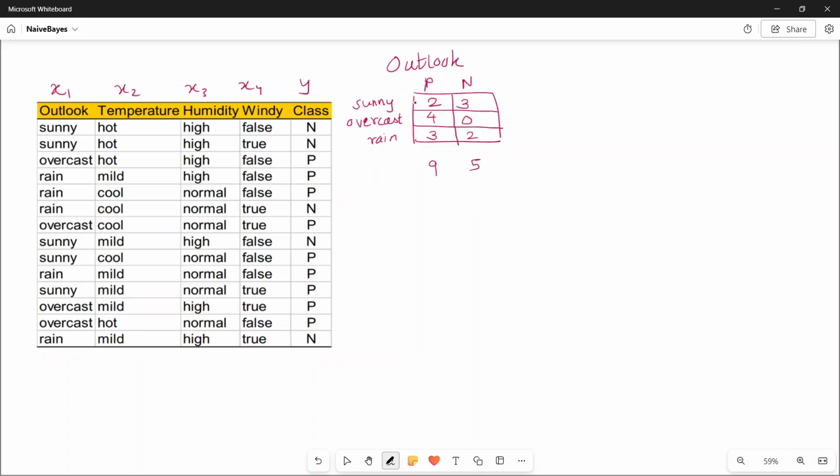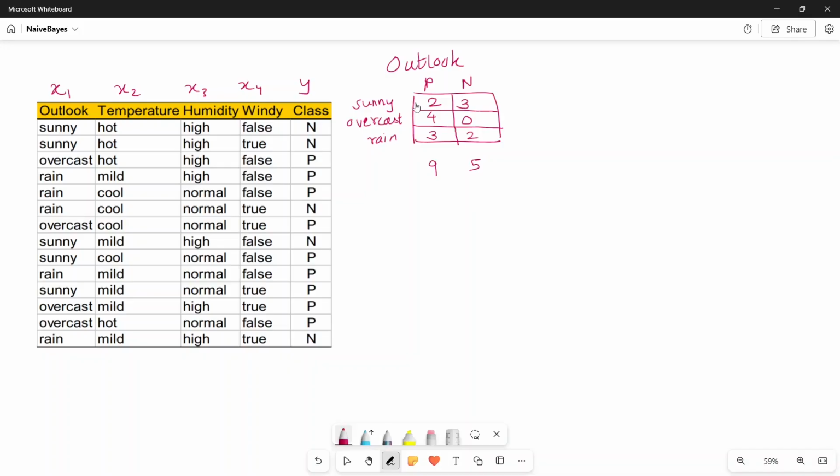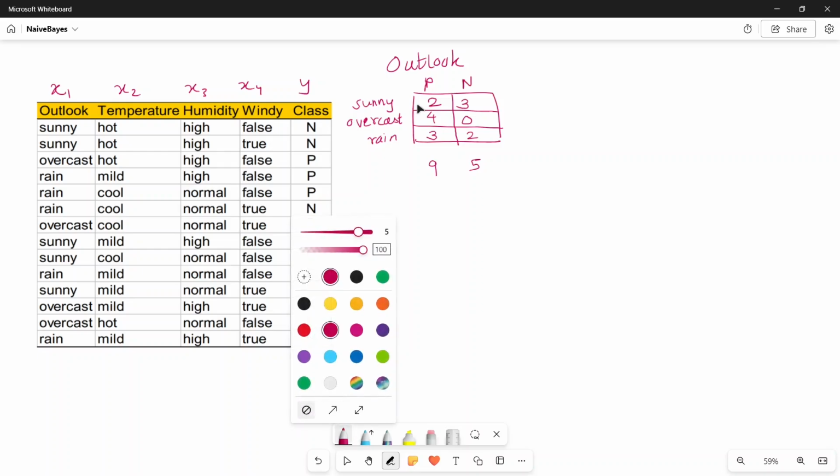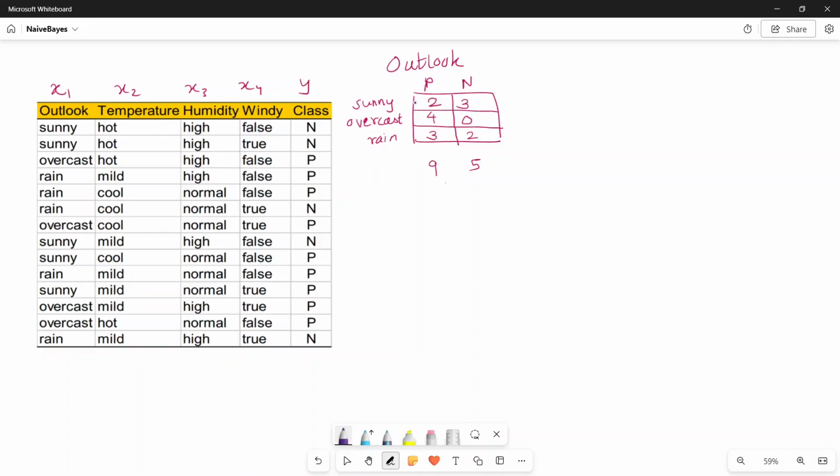For simplicity, right here I will calculate the likelihood table. I calculated the sum here, 9. So if I say 2 by 9, 4 by 9, 3 by 9, these are the likelihood values. This is the probability that it is raining given that the person goes out to play.